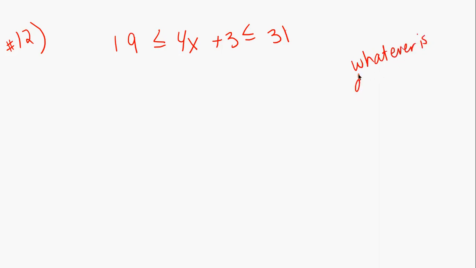Now number 12. This one is a compound inequality. Oh, 31, not 3i. So whatever we do to the middle, you must do it to every side.